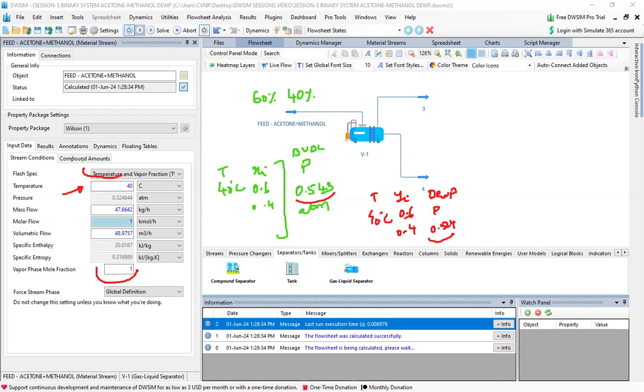If I know that, if I take any temperature between them, I will be getting liquid plus vapor in the input stream. That means inside the flash tower, what is that temperature and pressure? If I keep it there, there will be two phases forming, a vapor phase coming out and a liquid phase coming out. That is what is very important for us.